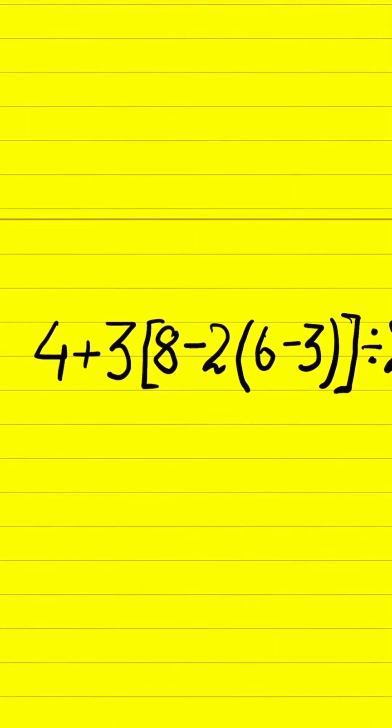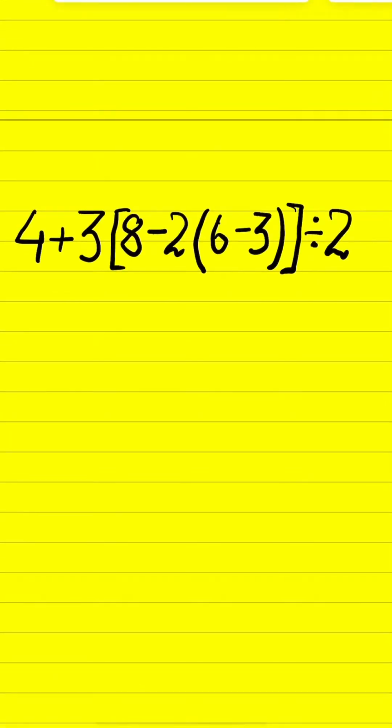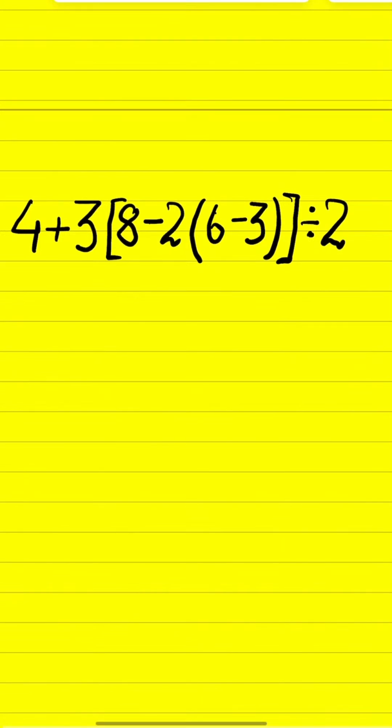Let's get a bigger question with some more operations like here. 4 plus 3 box bracket, 8 minus 2, then parenthesis, 6 minus 3 parenthesis closed, box bracket closed, divided by 2. Again, according to the PEMDAS rule, we first solve parenthesis.